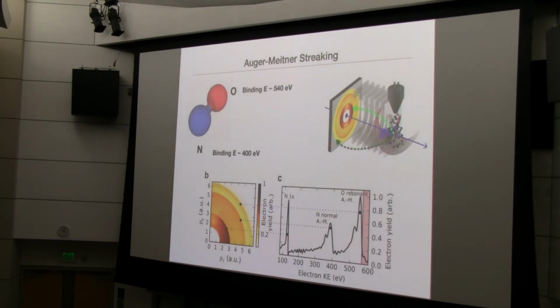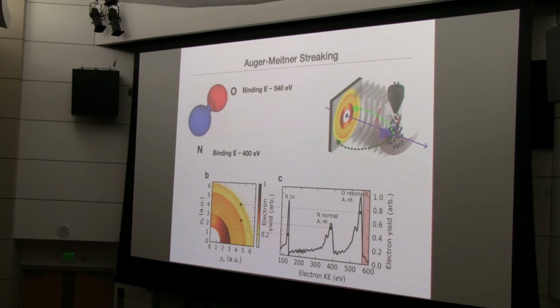So we set out to measure this process in the time domain with our short pulses, and we use the same auto clock that I've shown you before. Except now we're doing something a little more difficult. Instead of just looking at one photoelectron line, here we have 3. This is a nitric oxide molecule, so you have nitrogen and oxygen, and we're tuning our X-rays at the oxygen resonance.